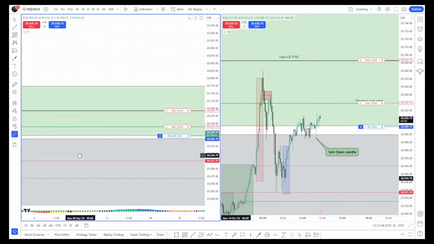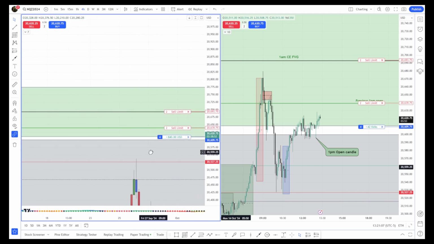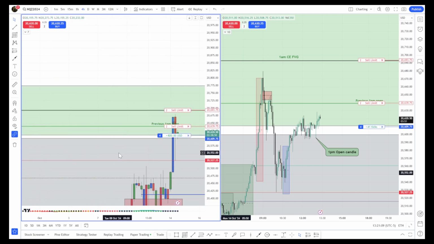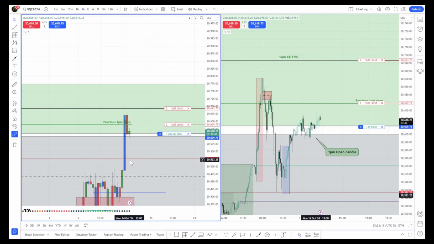And if we come all the way back over here, all the way back, amazing that this 9 a.m. candle decides to go all the way down here and tap this. And you can see that right there.